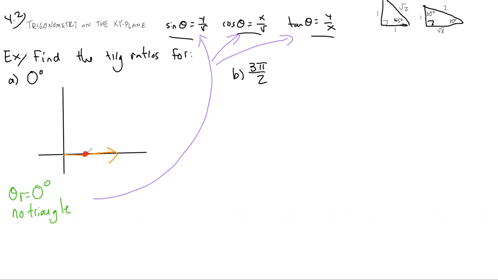So let's say here. And we can really choose any point on there. As long as x is positive and y is 0, it should be on that terminal side. So the point (1, 0) works.